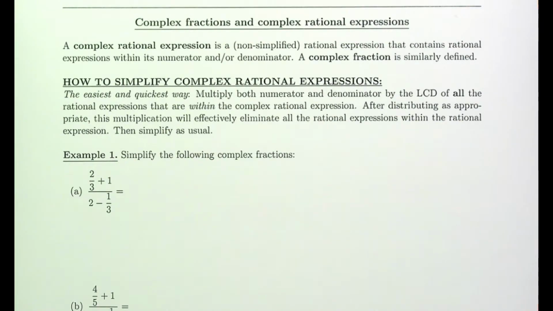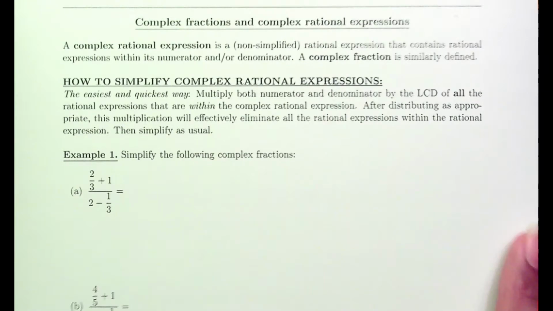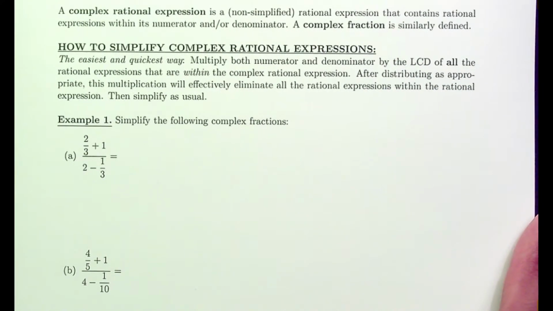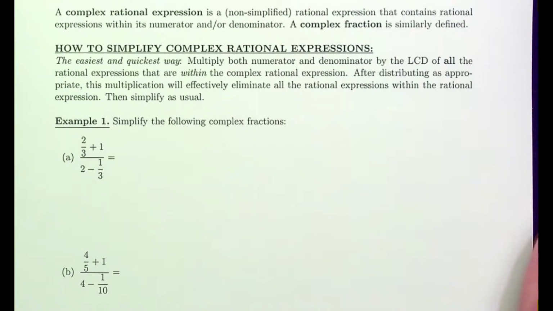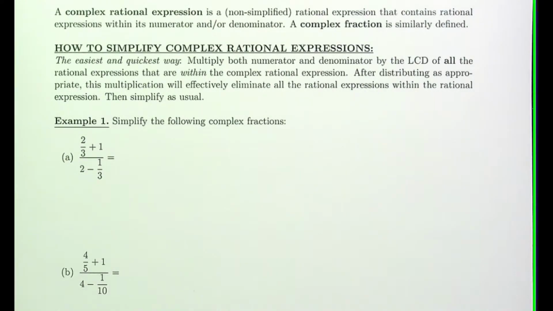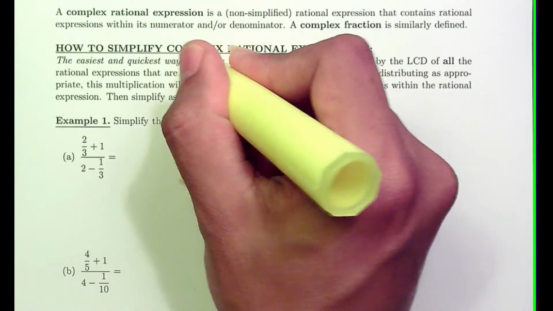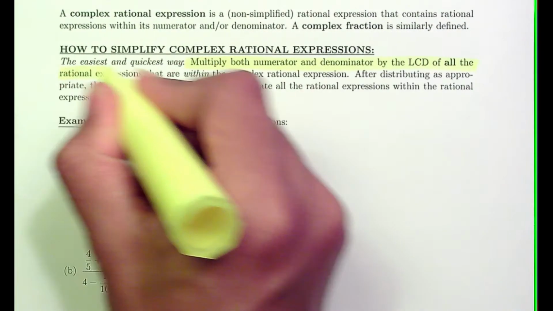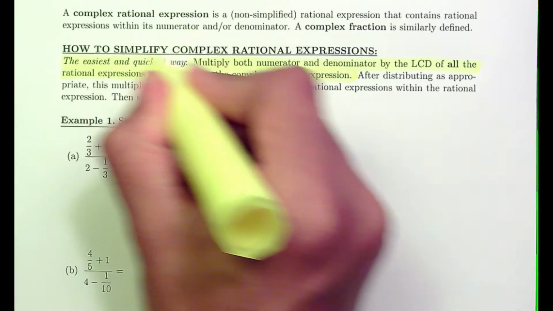All right, so how do you simplify this? It turns out that simplifying complex rational expressions is not really hard actually, and there's a quick and easy way of doing this, and it is multiply both numerator and denominator by the LCD, by the least common denominator of all the rational expressions within the complex rational expression.